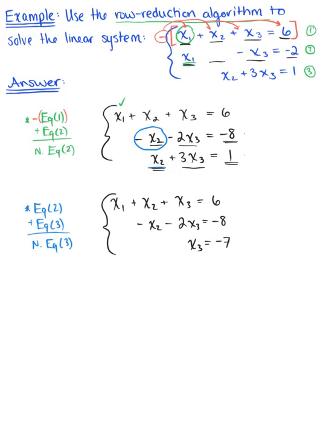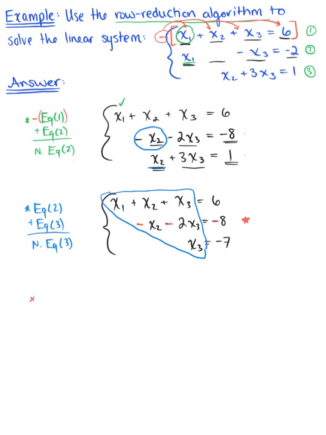So notice here, looking at this reduced system, that we have attained a triangular form. So we can solve now using back substitution. But before we do that, I want to look at one more row operation here. Looking at equation 2, notice that each term in this equation has a scalar multiple of -1.